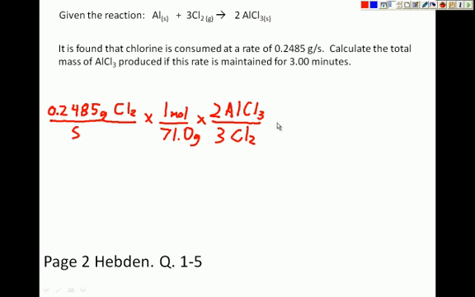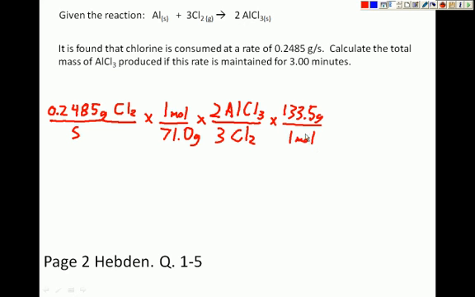And now I want to change this into grams of aluminum chloride, so I'm going to multiply this by the molar mass of aluminum chloride. Aluminum is 27, again chlorine is 35.5. 35.5 times 3 plus 27 for the molar mass of aluminum, and that should equal about 133.5 grams per mole.